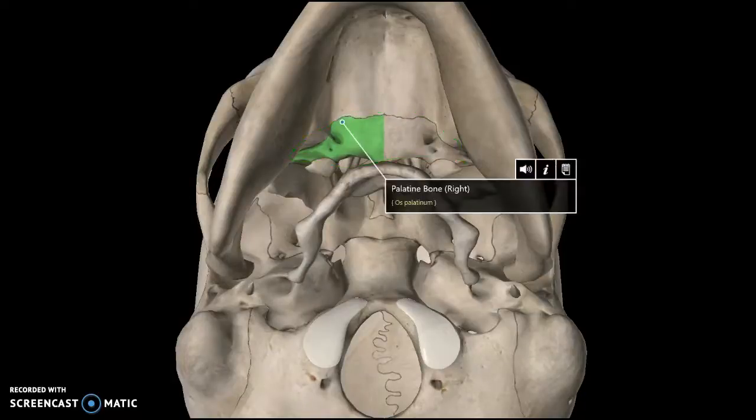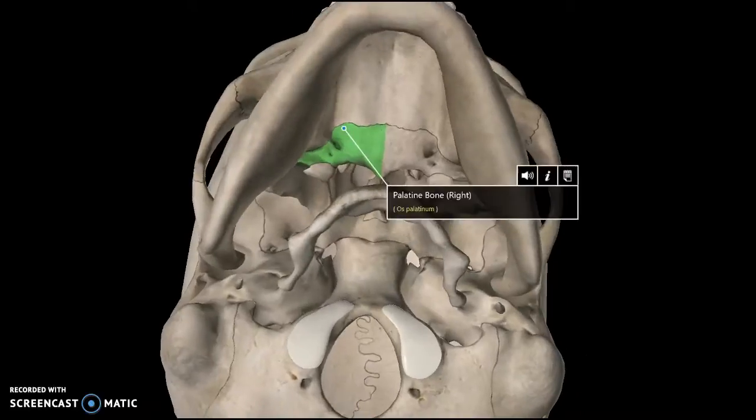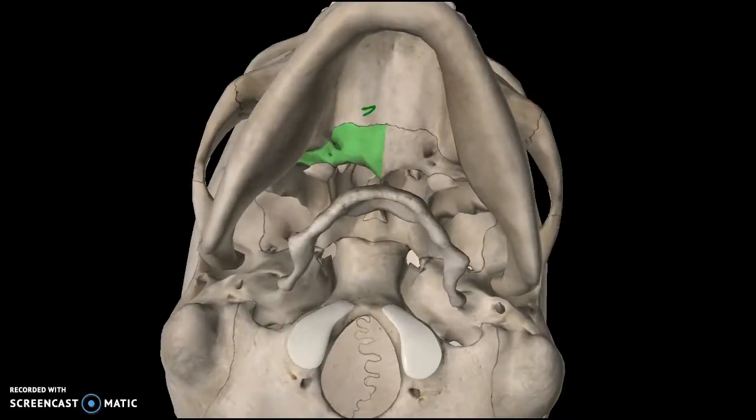So one thing to look at on the Palatine Bone is the process. So right about here, this is known as the Palatine process of the Zygomatic bone. Again, if you go back to my previous tutorial for the skull, you'll see how that's exactly worded.